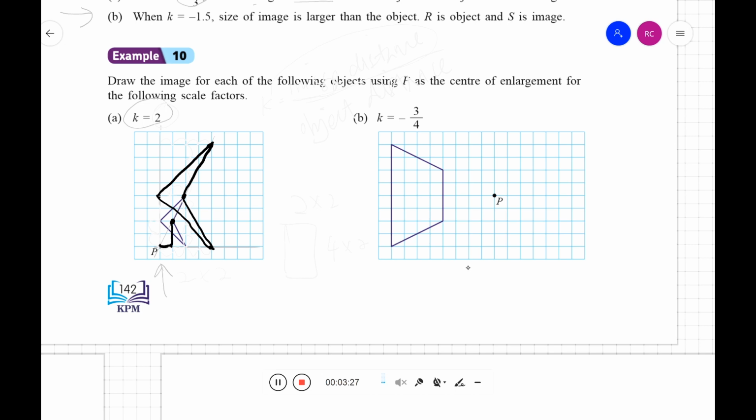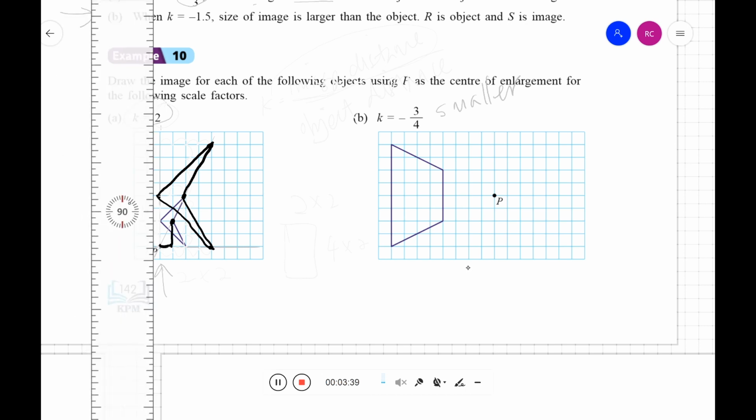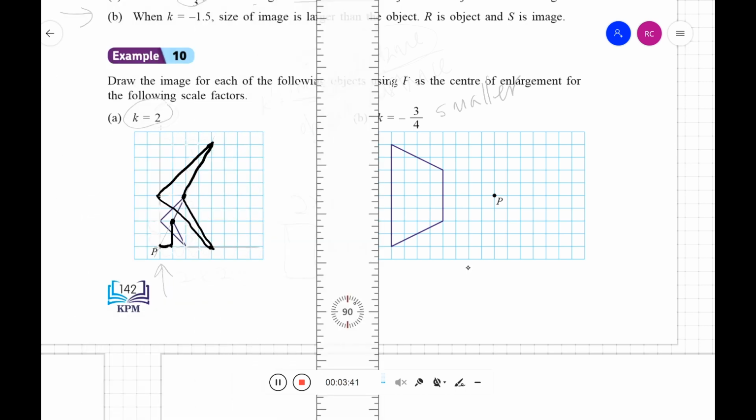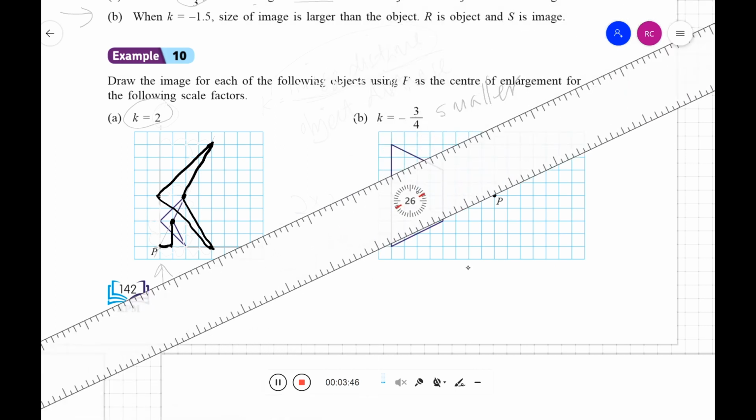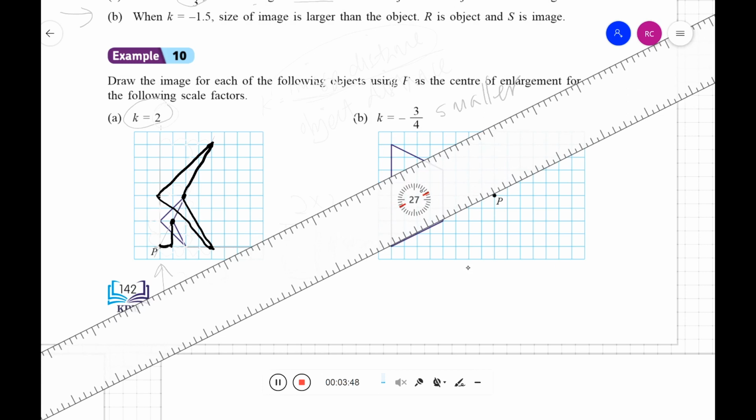When k is equal to -3/4, which means the image will be smaller. So when the image is smaller, first you need to find out the joining from the center of enlargement to all the vertices. Okay, so I'm going to draw the line as usual. You draw the line.